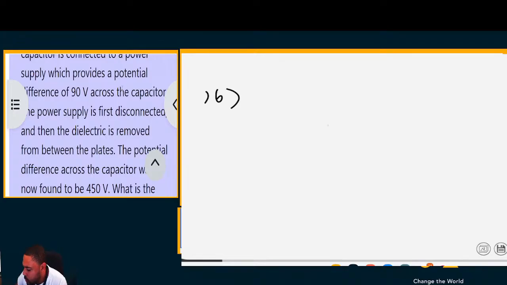Let's draw this small setup to show you what is happening here. We have a parallel plate capacitor, and then of course we have the second plate. We have the 90 volts.